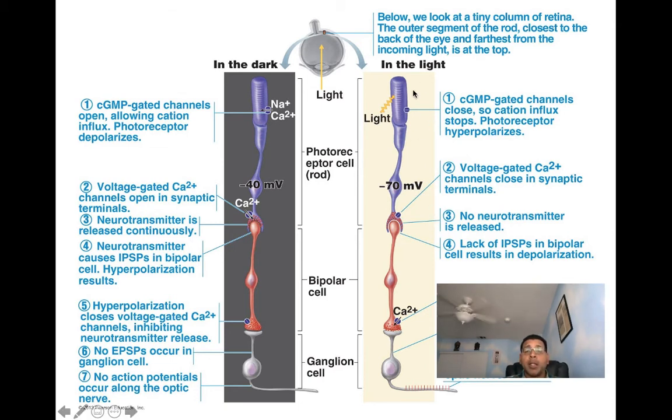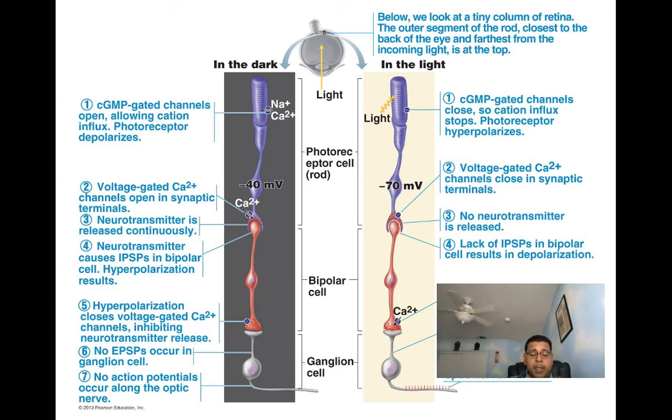Light hyperpolarizes the photoreceptors, which then stop releasing a neurotransmitter called glutamate, which can be inhibitory or excitatory. So light hyperpolarizes our photoreceptors, which then stop releasing an inhibitory neurotransmitter, glutamate.